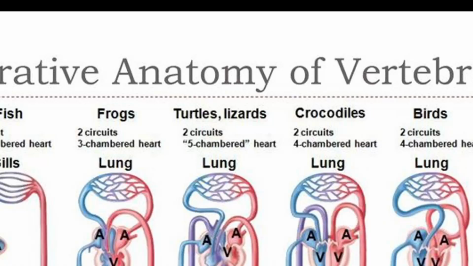One circuit completes the lung circuit, ventricle to the lung and back to the atrium, while the other completes the body circuit, ventricle to the body and back to the atrium. So this is the comparative anatomy of all vertebrate hearts, and the simplest vertebrate, the fish, has one circuit, two chambered heart.